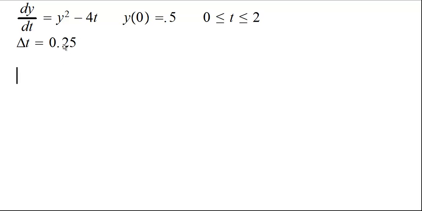Okay, so here we got 0.25, and then where are we starting? Our starting point is 0.5, and then from here we proceed to our next point: 0 plus 0.25, that is, 0.25, but we have to determine the y coordinate for this one.